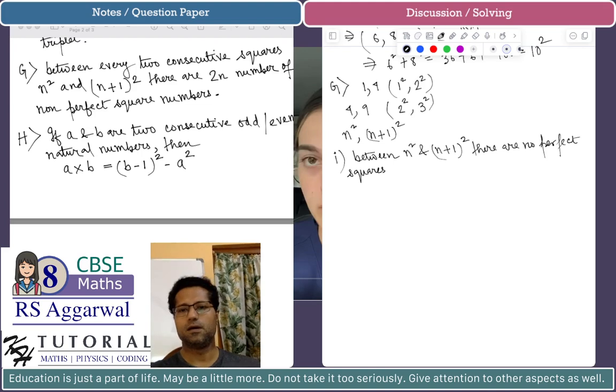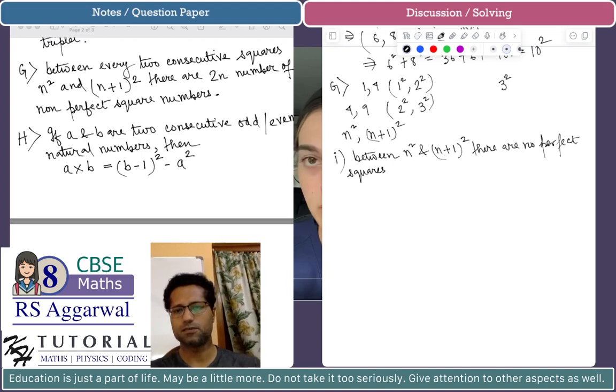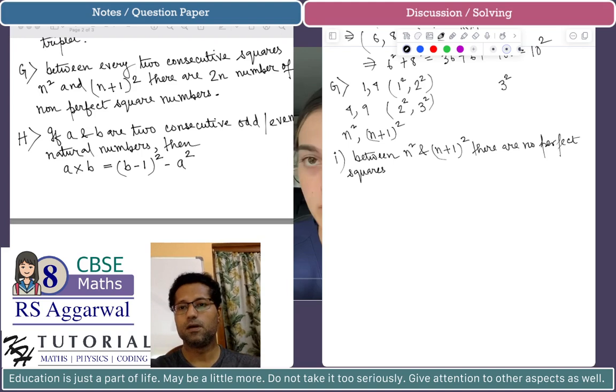Let's take an example. It has to be consecutive numbers, n and n plus 1, so let's say 3 and 4. 3 square is equal to 9 and 4 square is equal to 16.